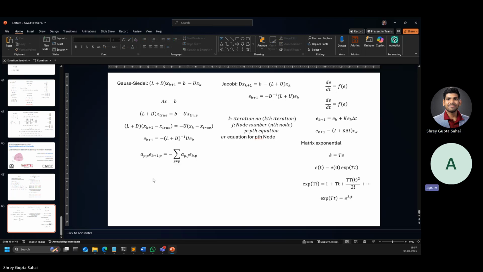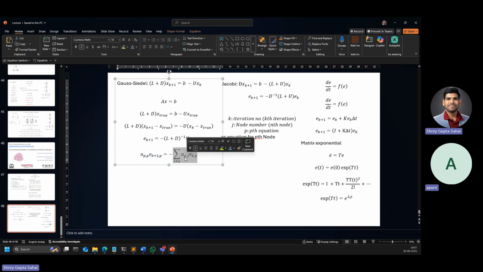Can you repeat once again, sir? Actually, this will also have some terms. Basically, this will not be just this. This will be J less than P, and L is there.